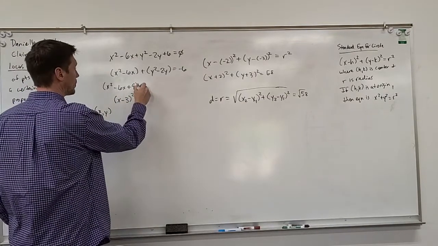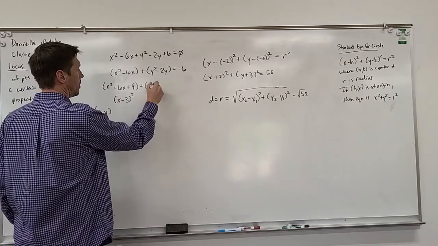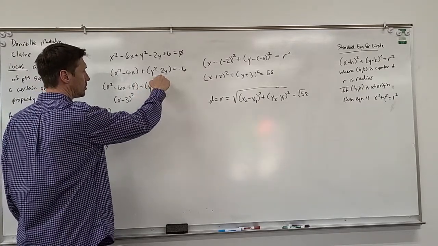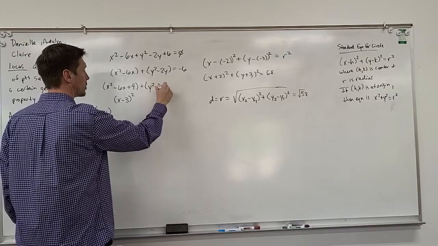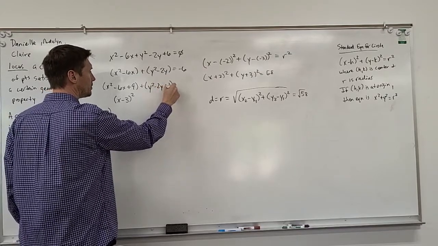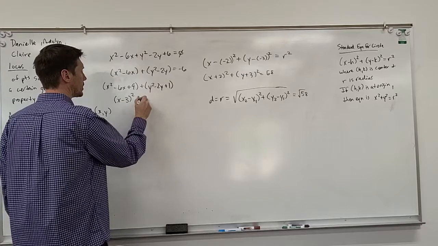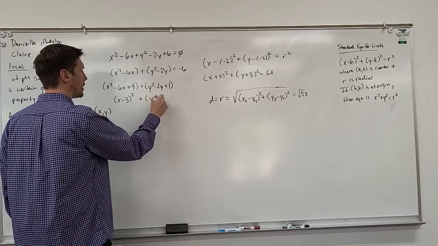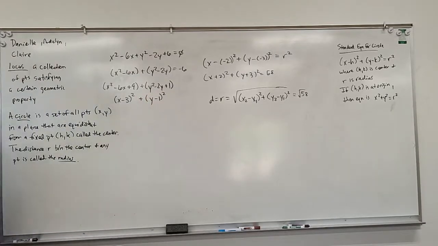And I would do the same thing with my y here. I take half of the middle term, which is 2, so that's going to be 1 squared. So y squared minus 2y plus 1, and that's going to then turn into y minus 1 squared. Did everybody see how I did that with completing the square?